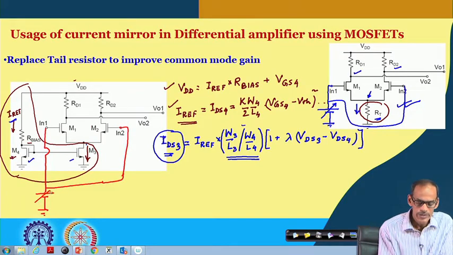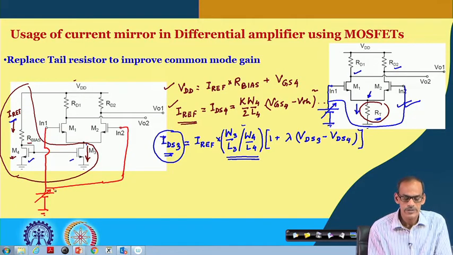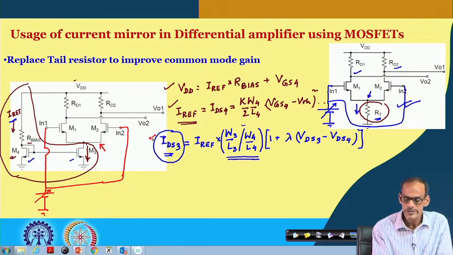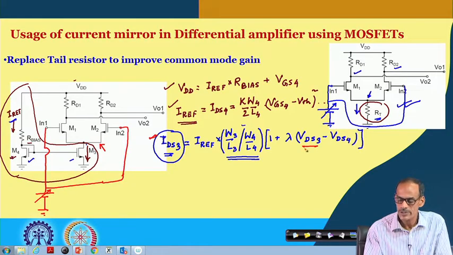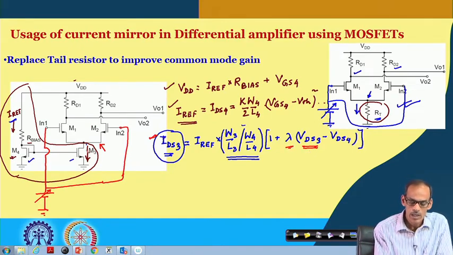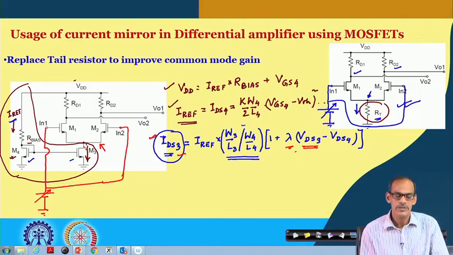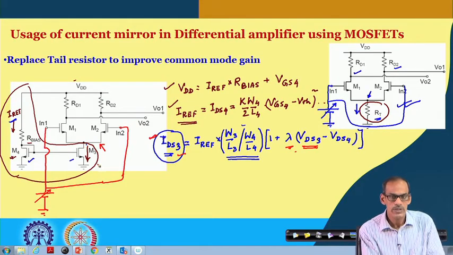Again, if we vary this common DC voltage, then the voltage here will vary, but since this current has very weak dependency on V_DS through lambda, hardly does this current change. You can say the equivalent resistance is high, so the variation here will be very small.